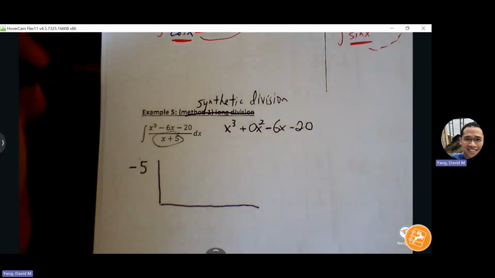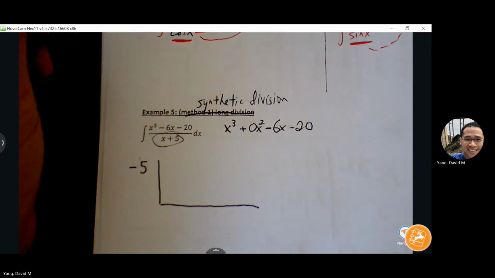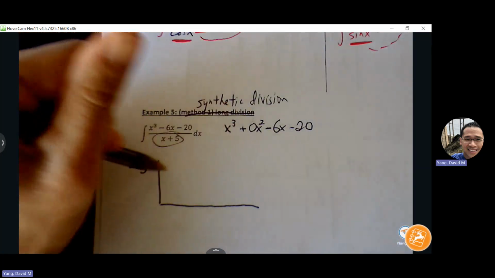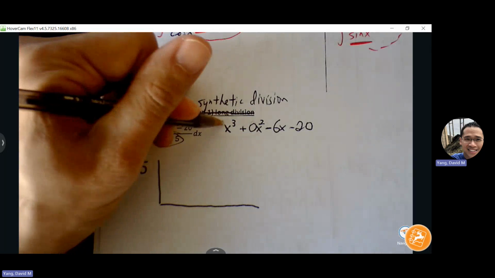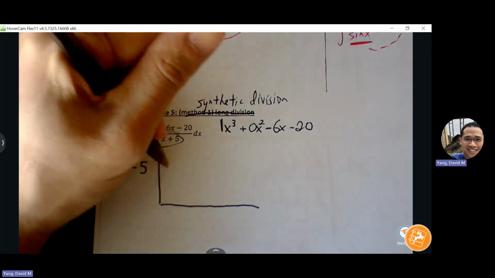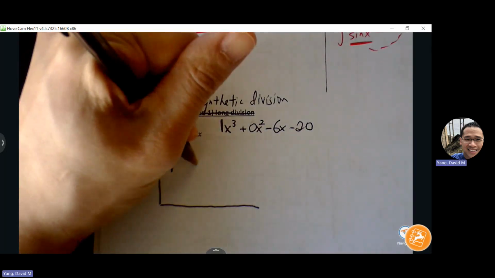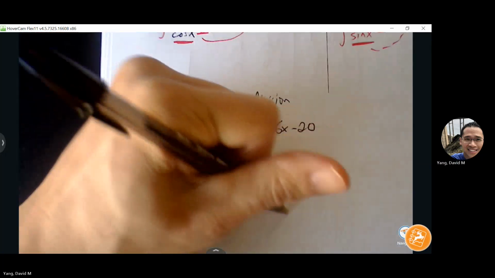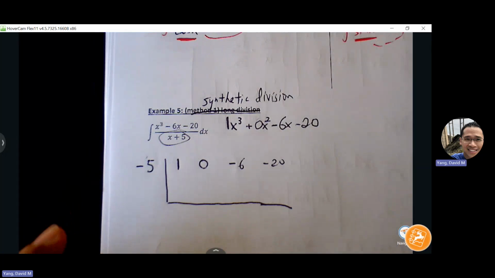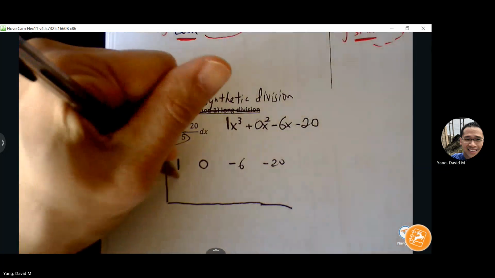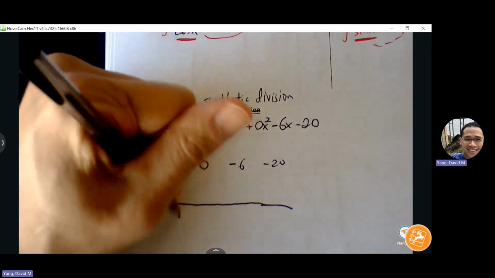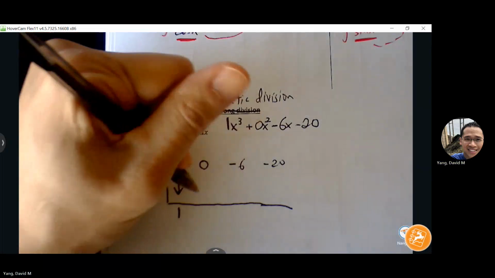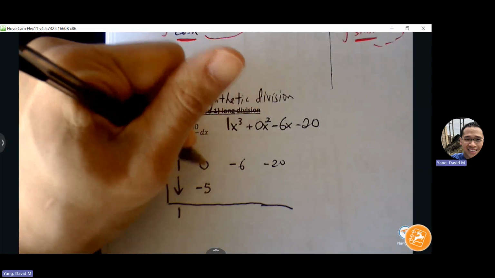So what's the first number we put down? Remember, we only put numbers, no variables, right? So just the coefficients. So 1 followed by 0, -6, -20. Okay. First thing we do is bring down the 1. Bring down the 1, multiply, and add.